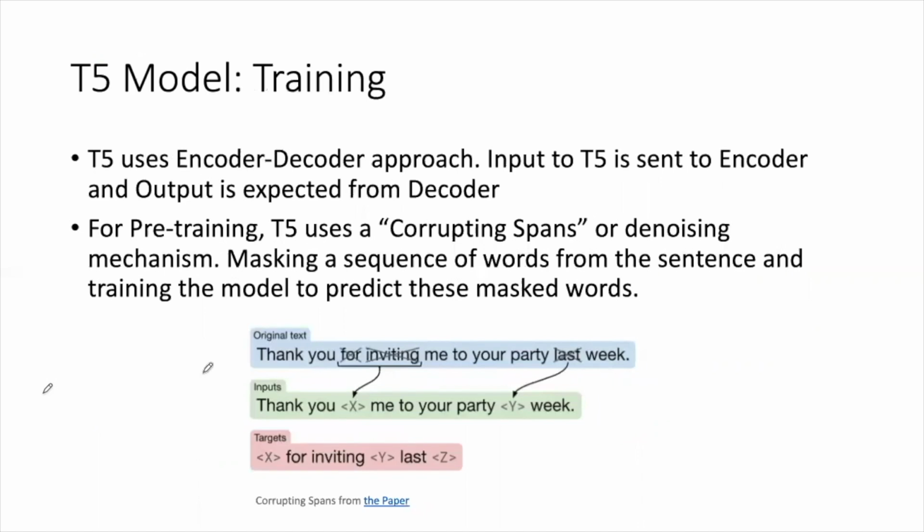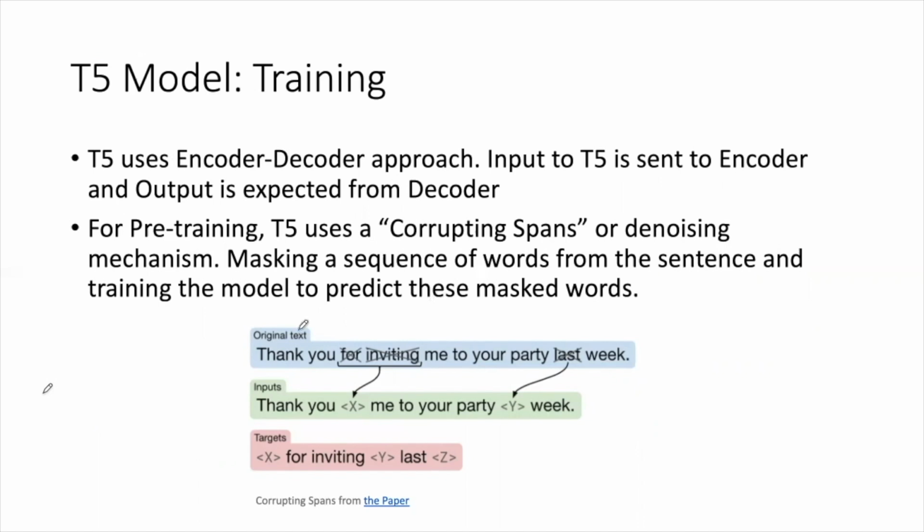So the main aspect regarding this T5 model is that pre-training is done both on the encoder and decoder. The procedure of pre-training is through corrupting spans, or a denoising mechanism.